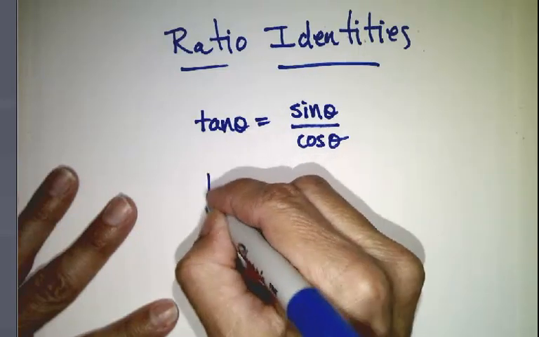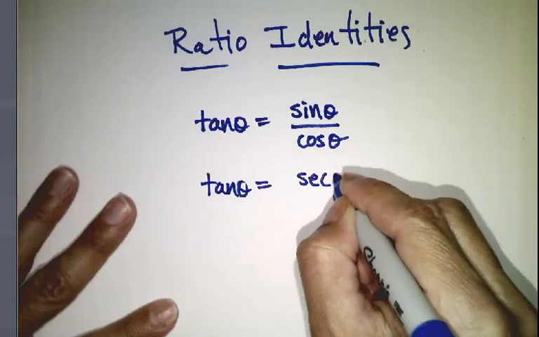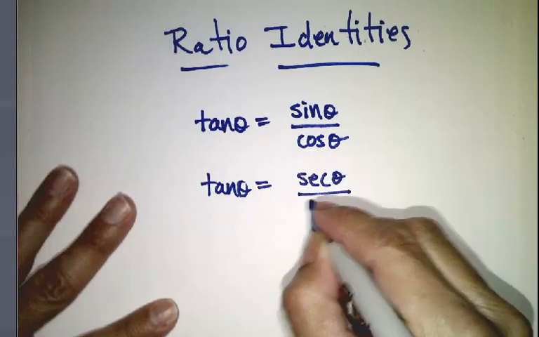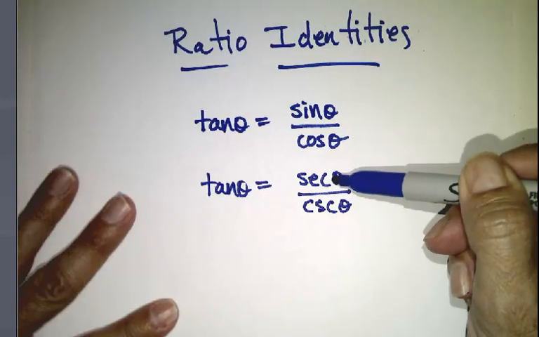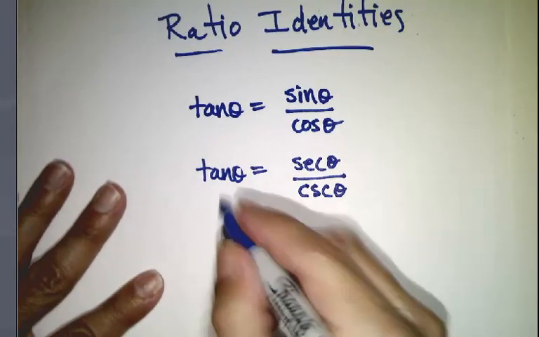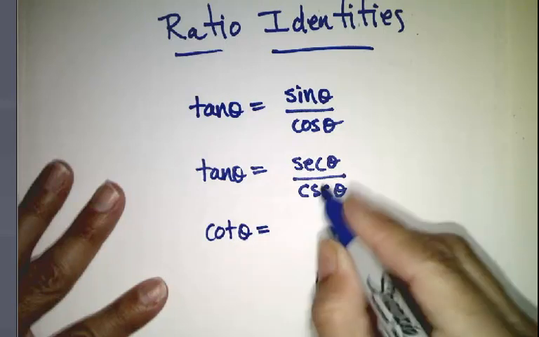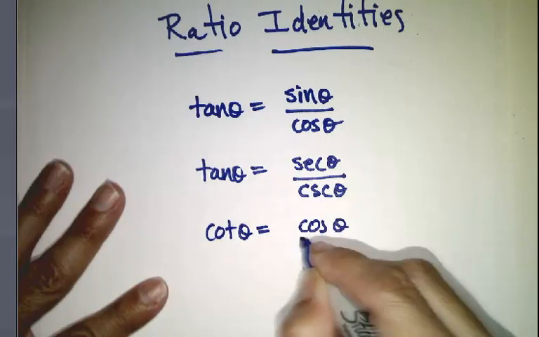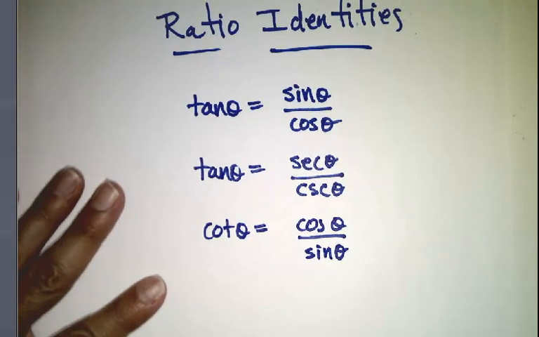We could also write tangent of theta is equal to secant theta over cosecant of theta, so this is 1 over cosine, and this is 1 over sine. And we could write cotangent of theta as cosine of theta over sine theta. We could actually make lots of combinations, but these are the basics.